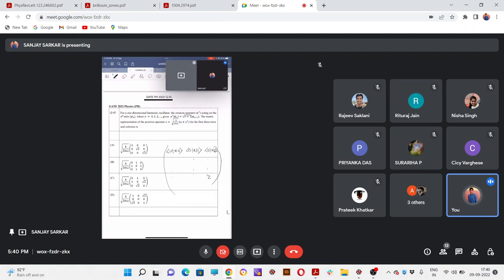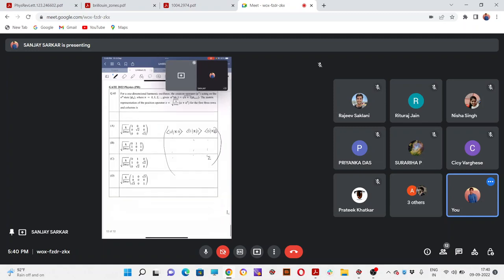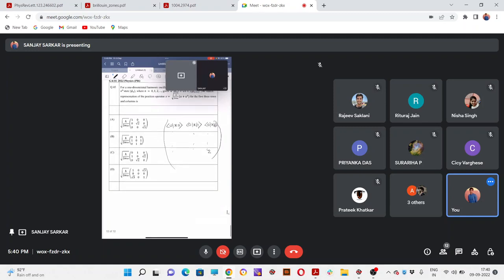So let me solve this. X is root of h bar by 2m omega times a plus a dagger.